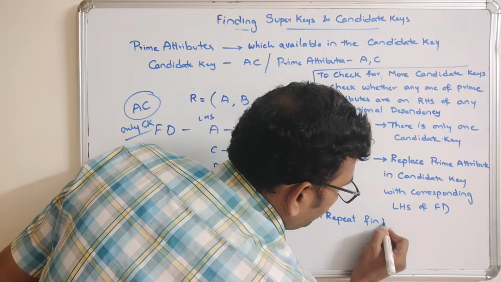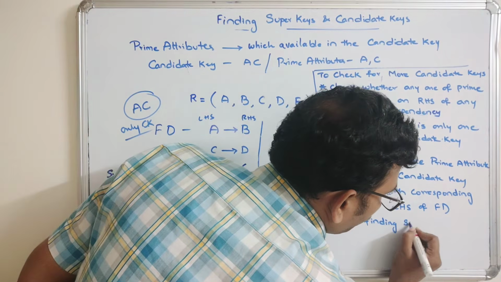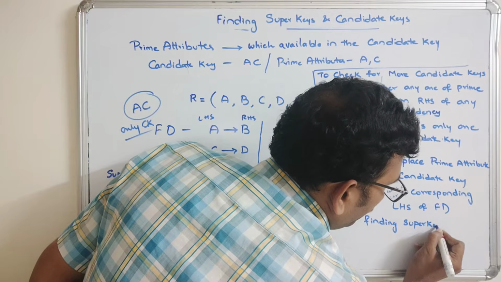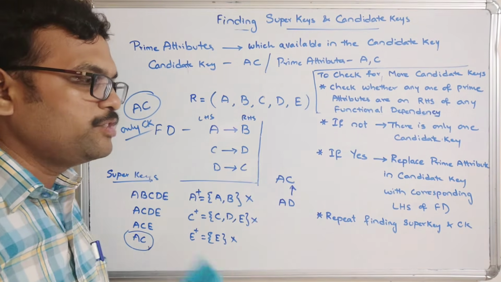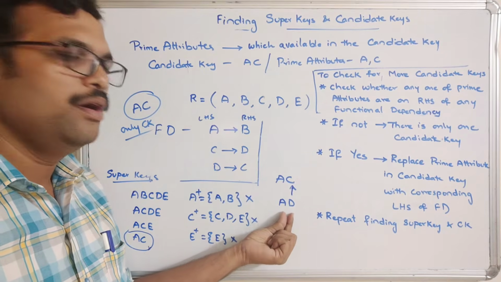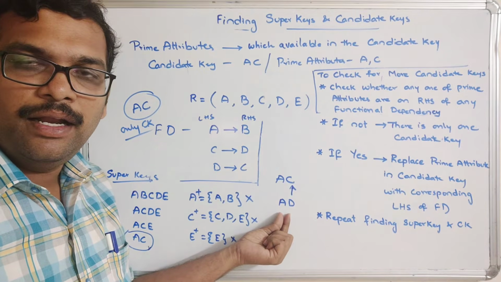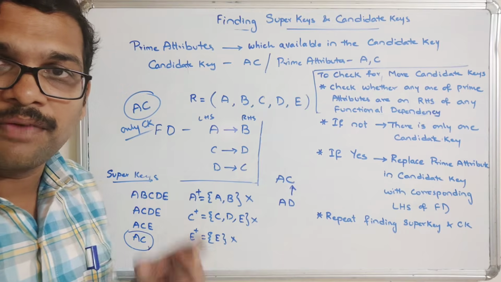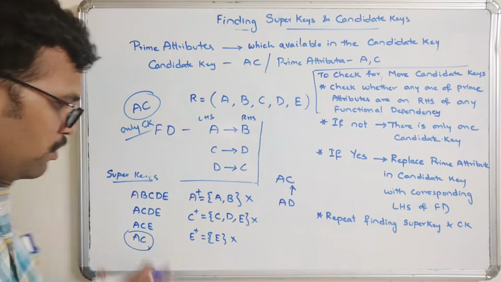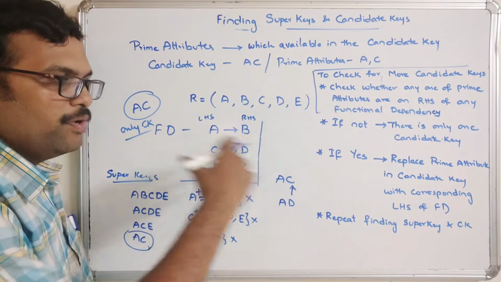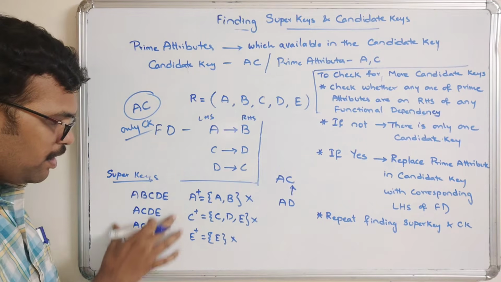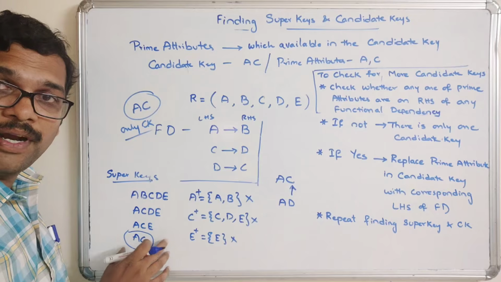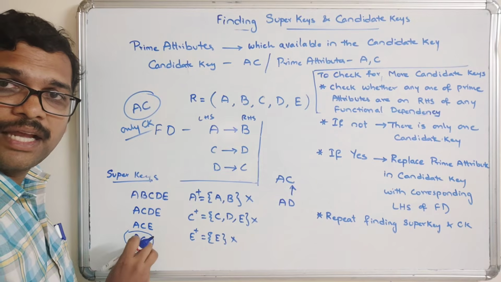After that, what do we have to do? Repeat finding super key and candidate key for the new candidate key. I hope you understood this. The first step, we need to find the super keys, so we have to find out the closure. With the help of closure, we find the complete super keys. After that, we find the minimal set of super keys, that is a candidate key.